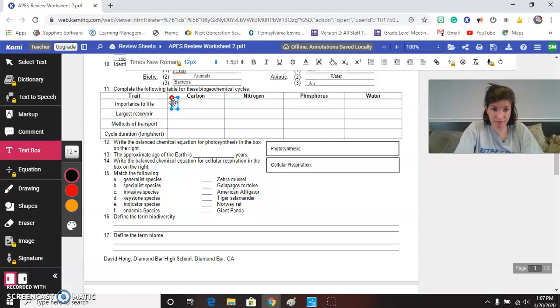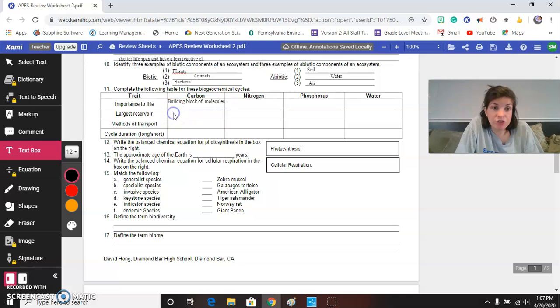It's the building block of 4 major molecules. That's a big space, we'll shorten it down. Building block of molecules. There we go.